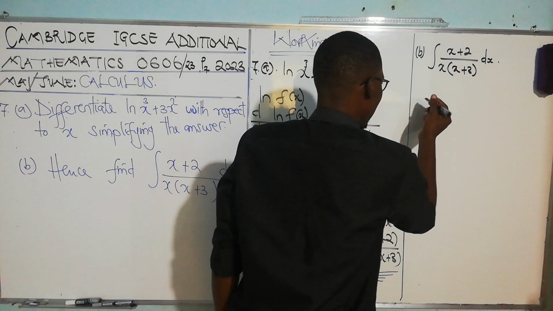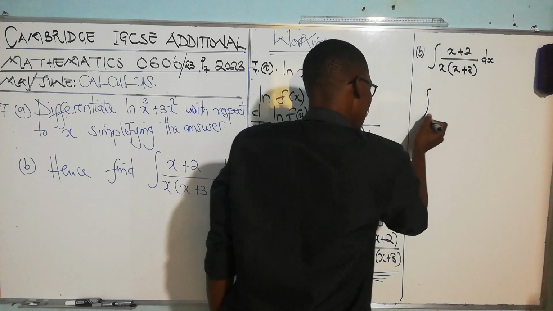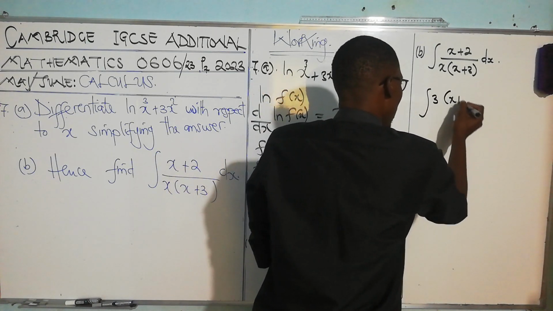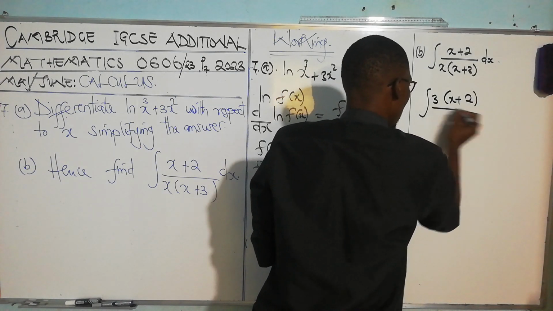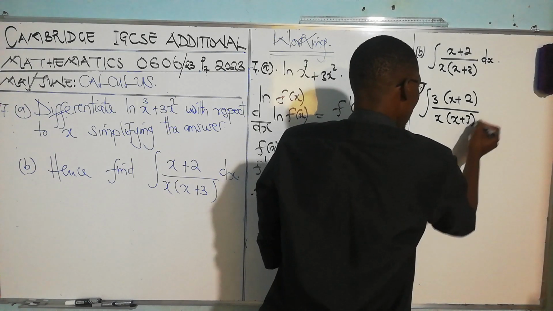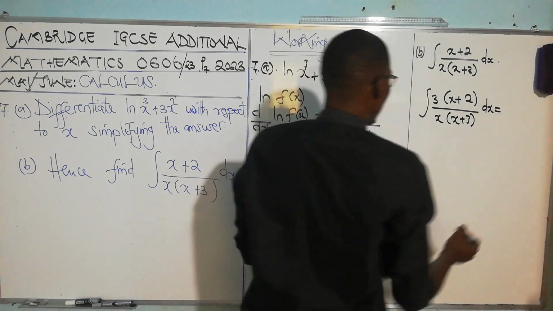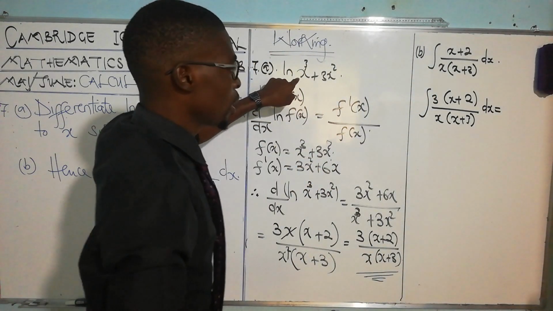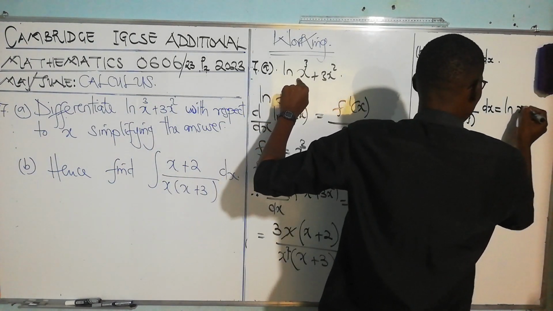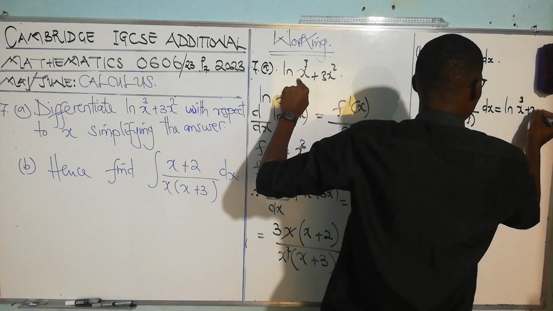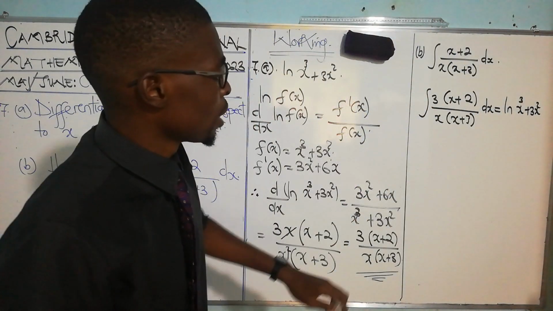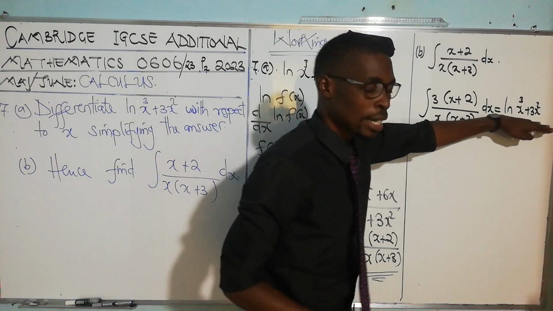So what I'm saying is the integral of 3 times (x plus 2) over x times (x plus 3) with respect to x is going to give us the natural logarithm of x cubed plus 3x squared. Okay, I'm sure you agree. So this is going to give us that one.